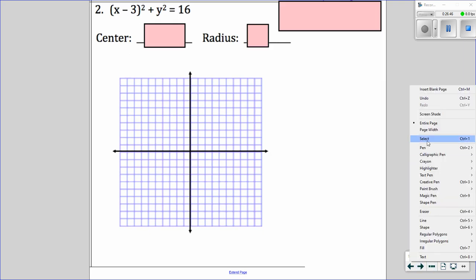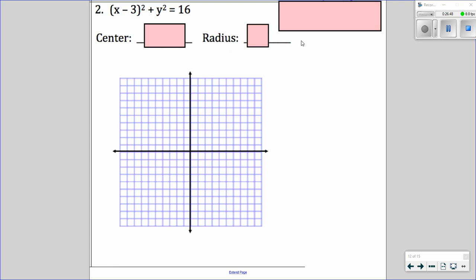Same thing with this. We got 16, the square root of 16 is 4. Now, remember I gave you the tip that whatever the sign is in front, it's going to be the opposite, so it's 3. But there's nothing here. That doesn't mean there's nothing.